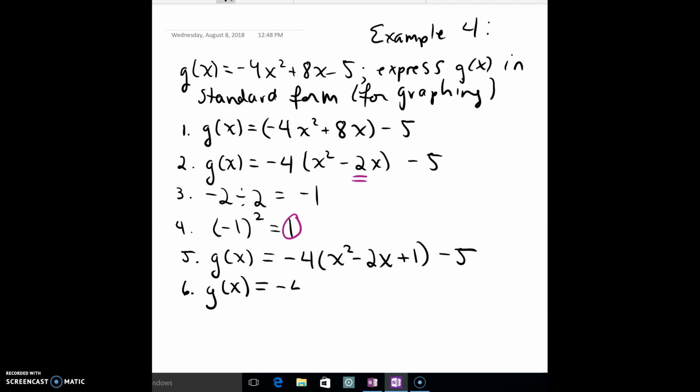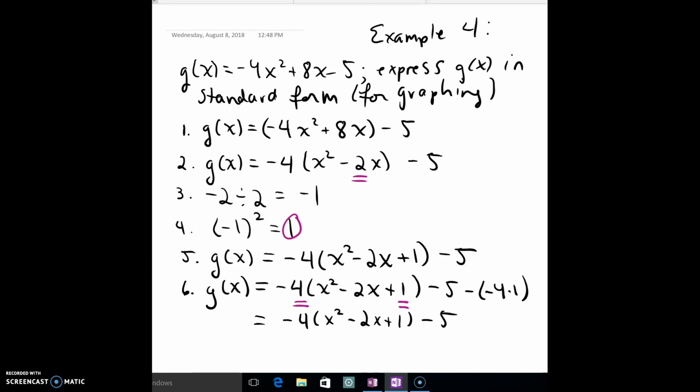So this is the same thing as saying, okay, so that 1 that we just input over there, we're going to multiply it by that negative 4, which we have over there. And we're going to subtract that from the negative 5.